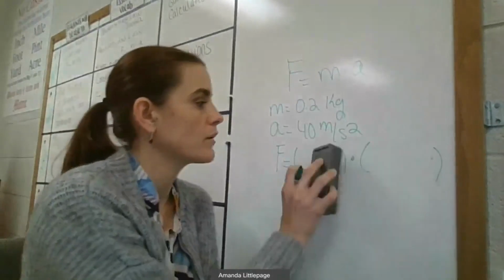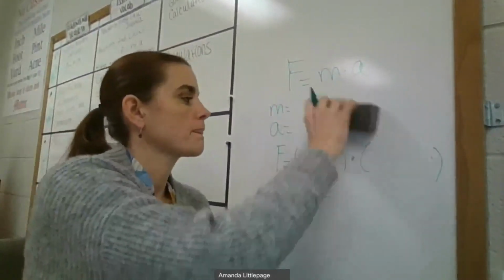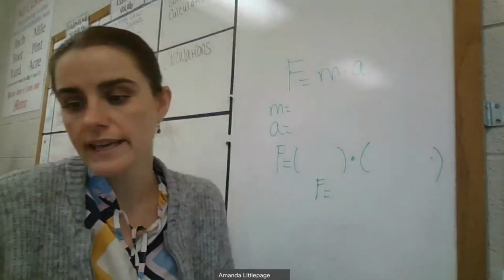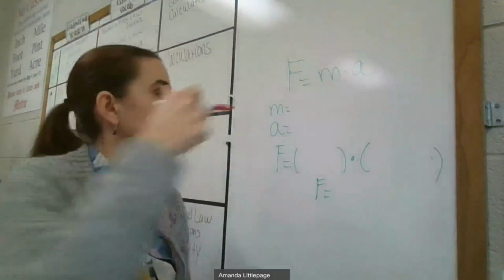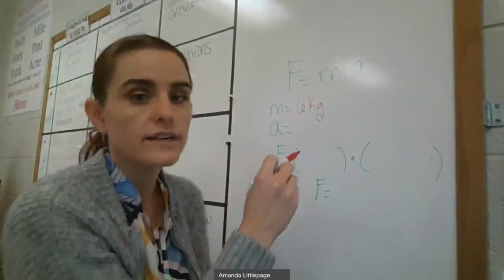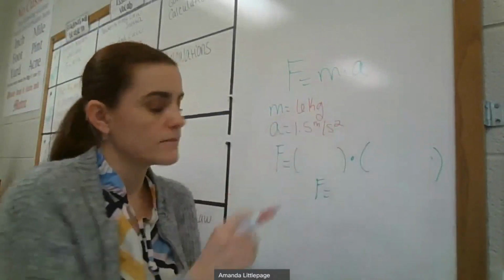So all we have to do here is erase our values, right? Because we're using the same equation. So in this particular example, it says that the mass of the cat is 6 kilograms. The acceleration is 1.5 meters per second squared.